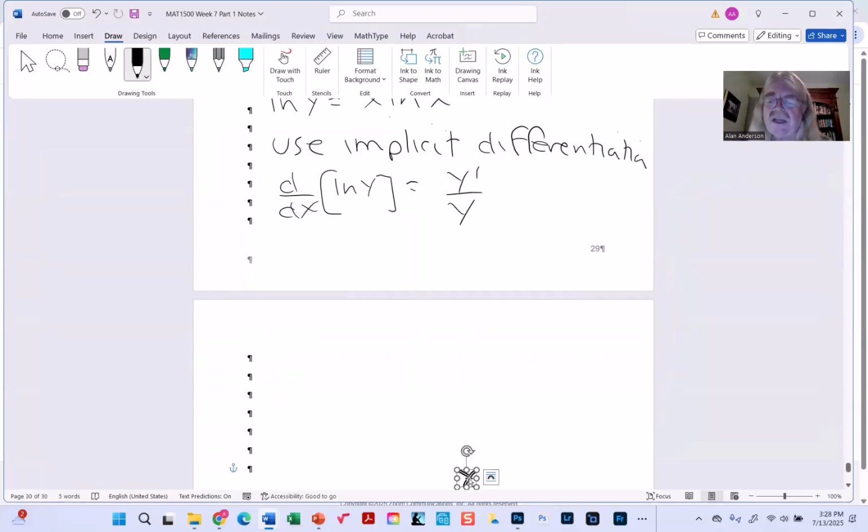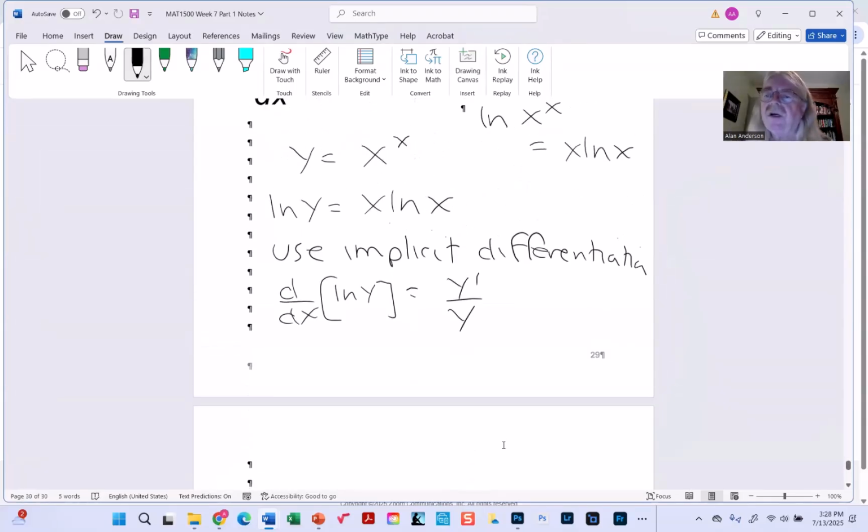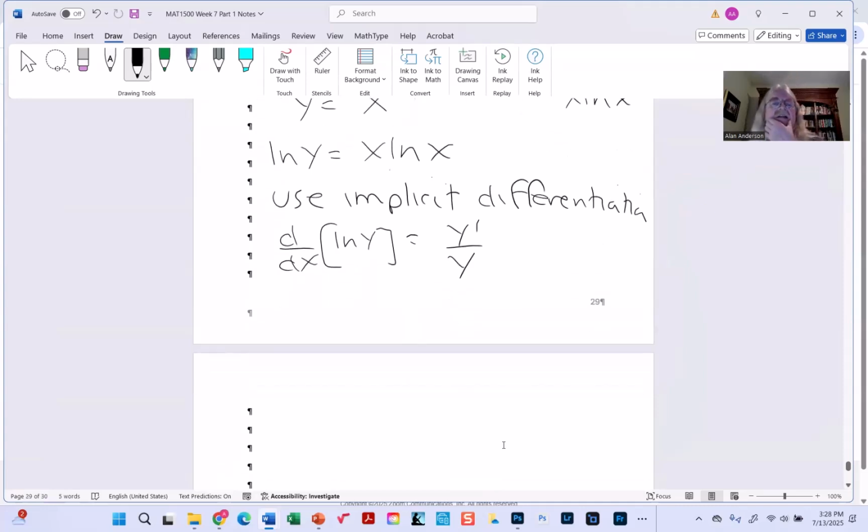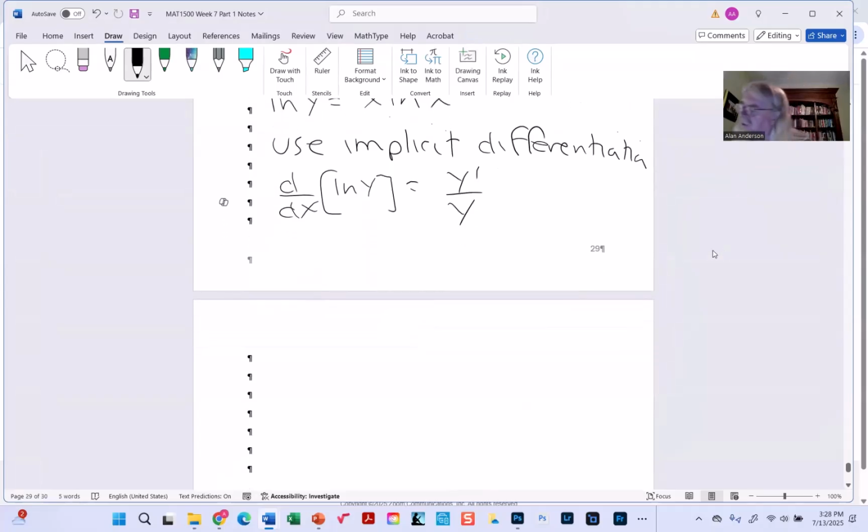Now for the x's, we're just going to have a standard product rule. So we're going to have on the left-hand side of this equation y prime over y. On the right-hand side, we're going to apply the product rule to x log x.